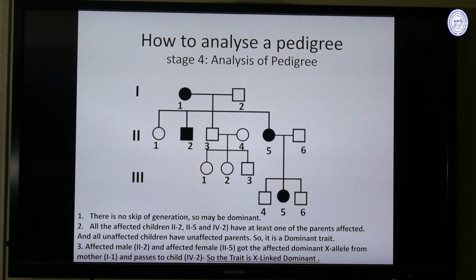So, it is a clear case of X-linked condition where the mother is passing the defective X allele to son and daughter, and as this is a dominant case, both of them are expressing the disease or trait. The child of this one, not II-2, this will be III-5, also has the mother affected. So, here the daughter is getting an affected allele from her mother. So, the trait is X-linked dominant.